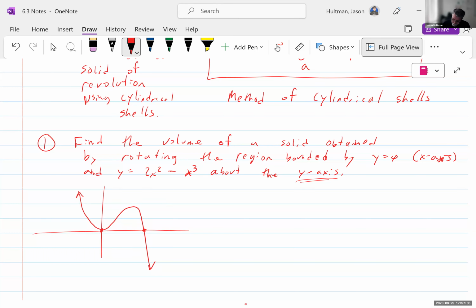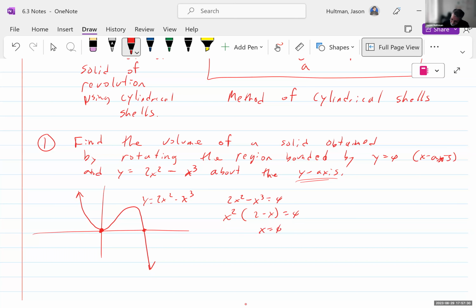This is y equals 2x squared minus x cubed. 0, 0 is definitely on the boundary line. We'd have to figure out where the other 0 is here. So if I say 2x squared minus x cubed equals 0, and I factor out an x squared, I get 2 minus x equals 0. Oh, okay, so the other 0 is at 2.